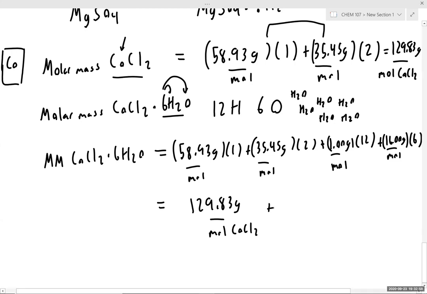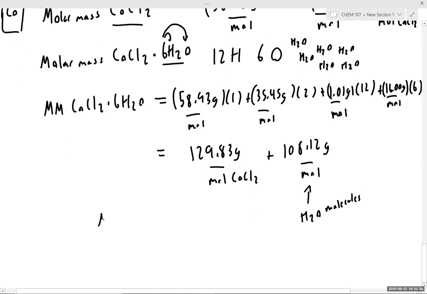Sure. I was using another periodic table with a slightly different mass, but yes, you can write it as 1.01. That's no problem at all. So we have 1.01 times 12 plus 16 times 6. And we also have a mass of 108.12 gram per mole. And this is coming from our water molecule.